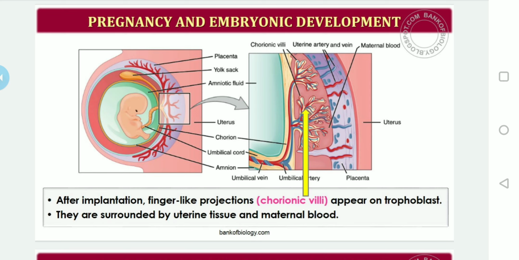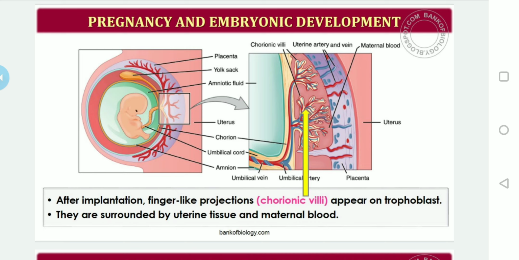You can identify here the structure given on the right side as well as the left side. On the left side, the complete structure is given. How exactly will it be in the beginning? You can identify the placenta, then the yolk-like structure, which provides nourishment to the growing embryo.